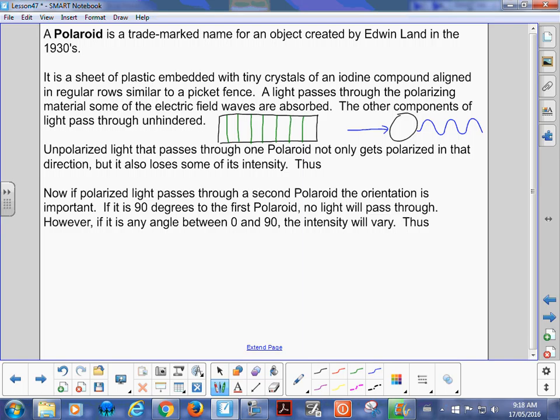What we find is that the intensity after it goes through the Polaroid is half the original intensity. So I2, intensity 2, equals 1/2 intensity 1.